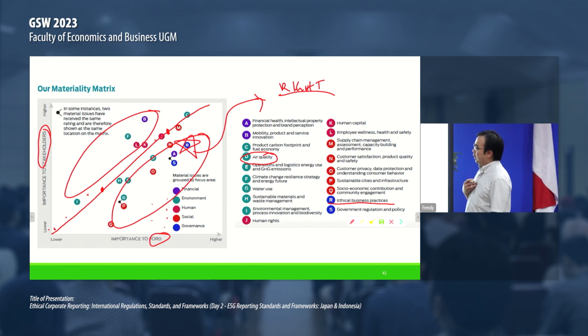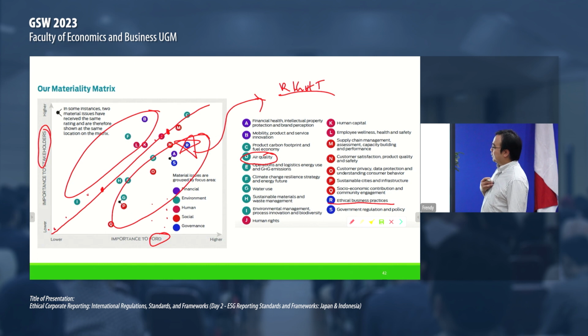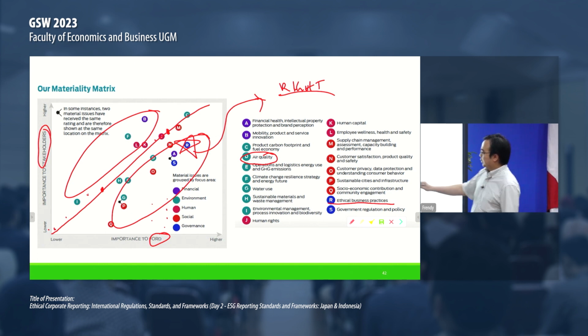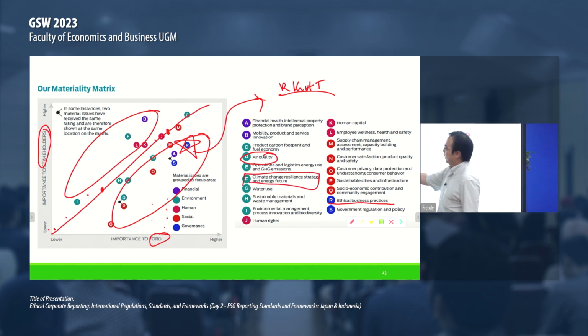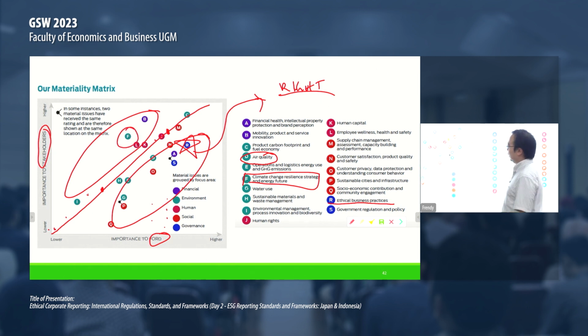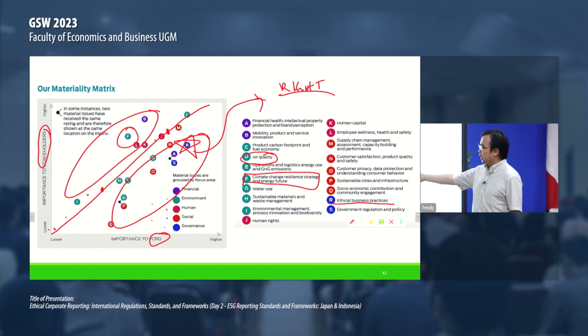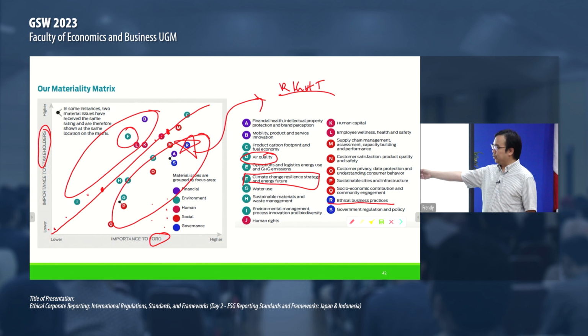Okay, how about an item on the left side? Right, this one. Let's use F. Climate change resilience, strategy, and energy future.